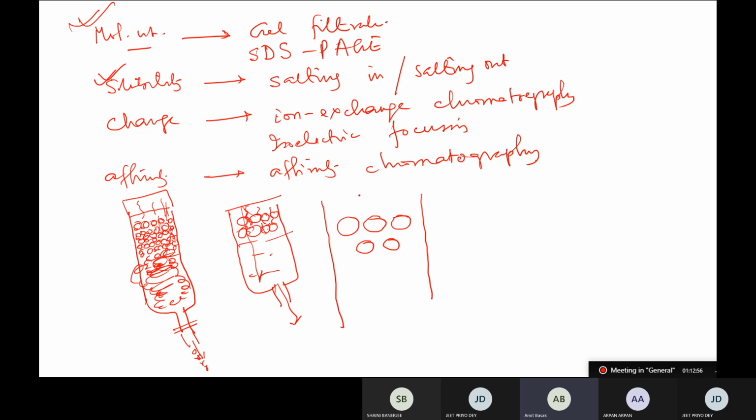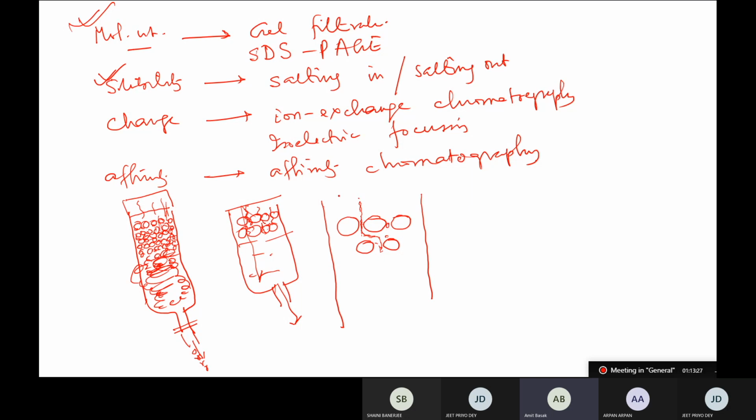So the small proteins, because these gaps will fit their size, enter this gap. As it drops down, they see another bead in front. So now it has to take a roundabout route to come this way. That means it is basically slowing down because it is going through the gaps between these beads. So it gets slowed down.